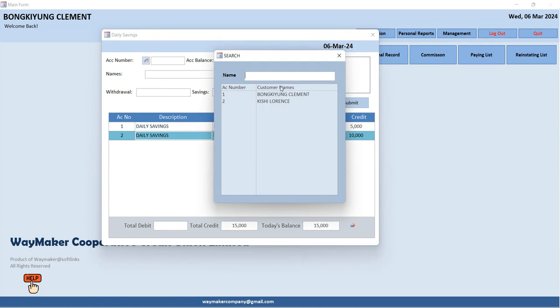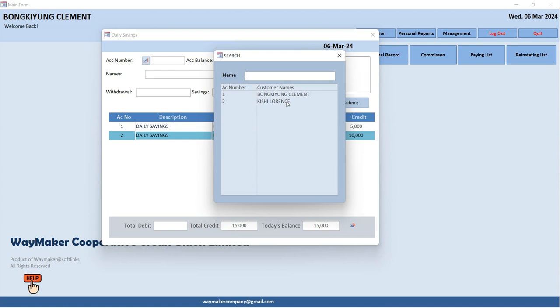You can also search a customer using the search button, and the search criteria here does not follow any particular order. You could start by searching KI and you have Bankyong. You could search ENT, you have Bankyong still. You search EN, you're going to have the two because there's EN here and there's EN here.